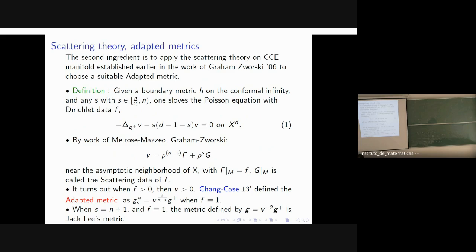And if we choose, in this CCE setting, the Dirichlet data F to be 1, then this solution V is positive. And then we choose a special metric: we use that V to the 2 over n minus S power as our conformal factor. We call that the adapted metric.